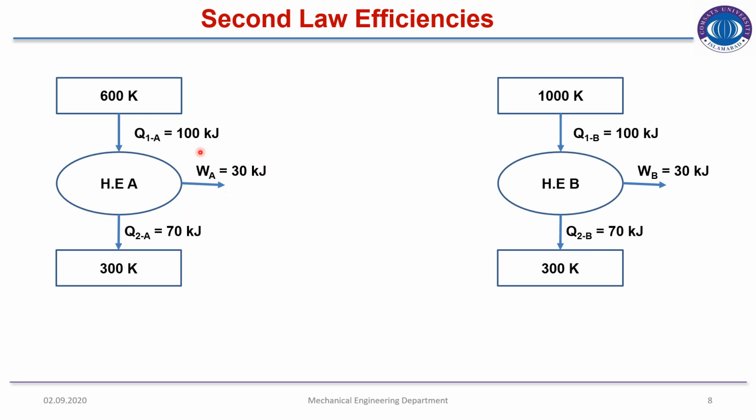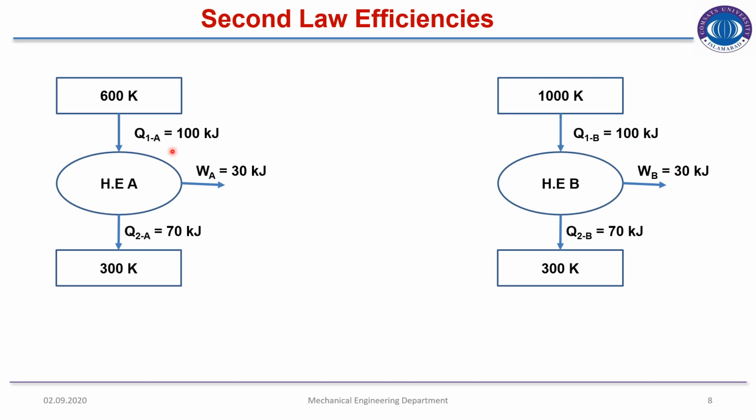The work output of heat engine A is 30 kilojoules. The heat absorbed by heat engine A from the source is 100 kilojoules, and the heat rejected by heat engine A is 70 kilojoules. For heat engine B, the source temperature is 1000 Kelvin, whereas for heat engine A it was 600.